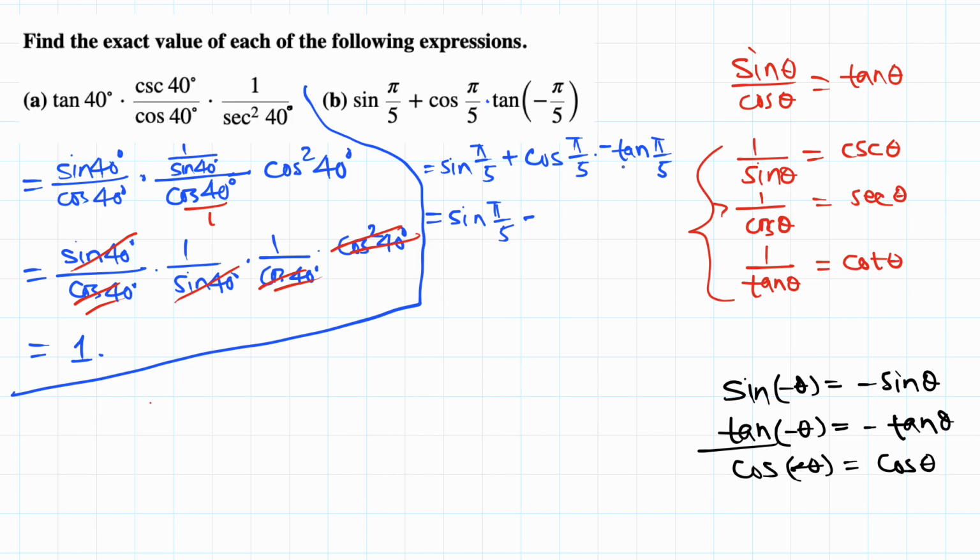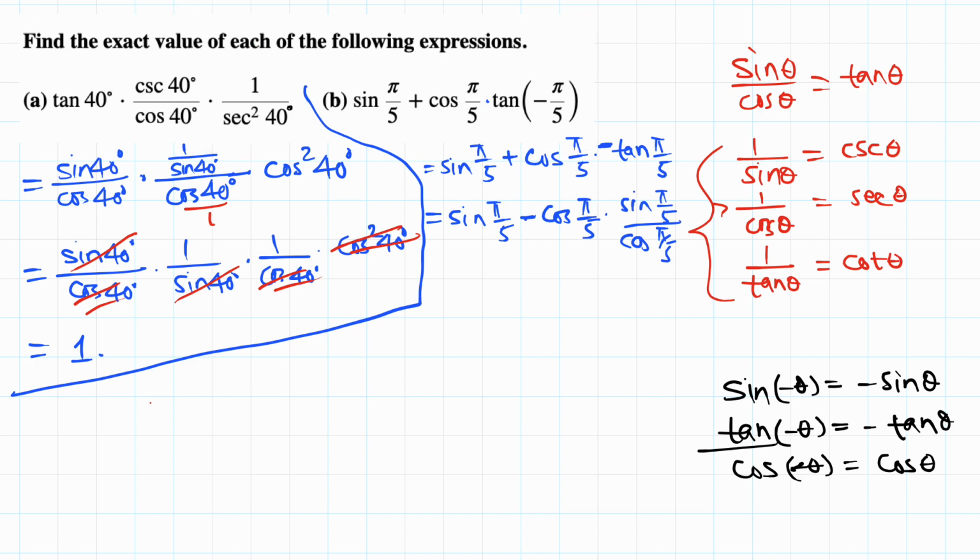Whenever we simplify, we always try to write sine and cosine if possible. Here it's possible because tangent is essentially sine over cosine. So this negative is due to this one. Here comes cosine pi over 5 times tangent, a quotient of sine and cosine.